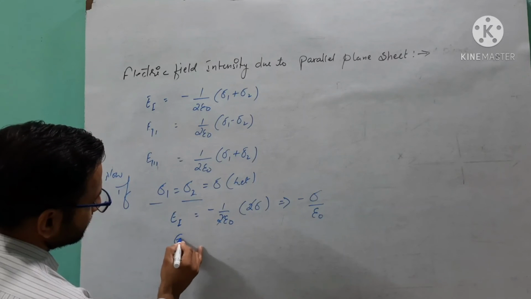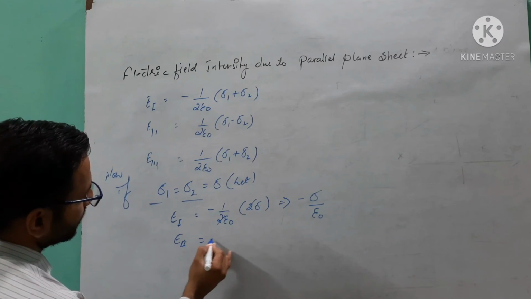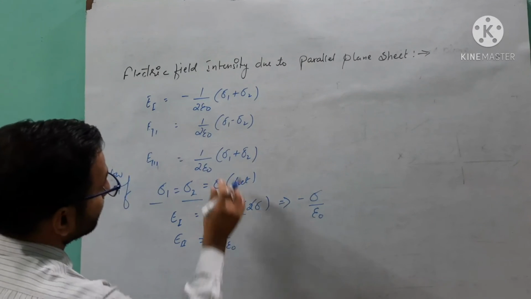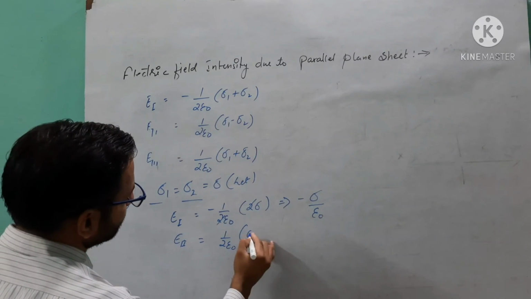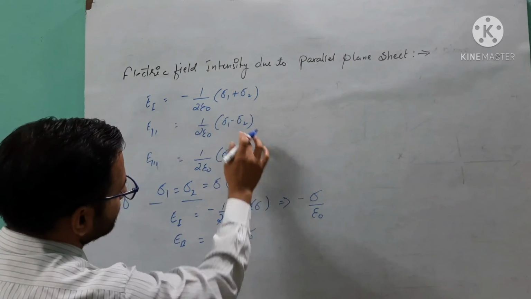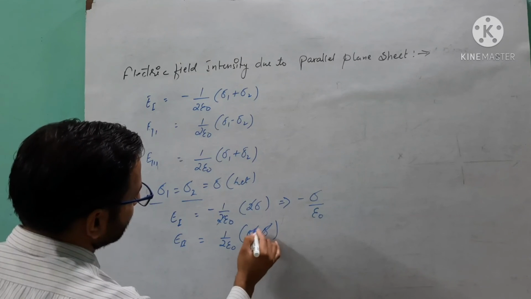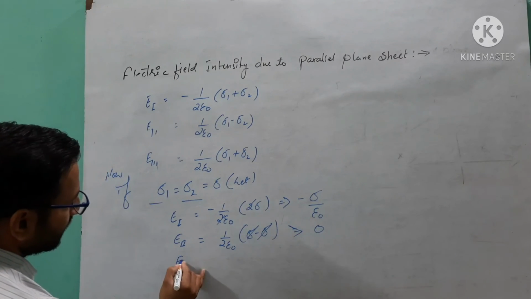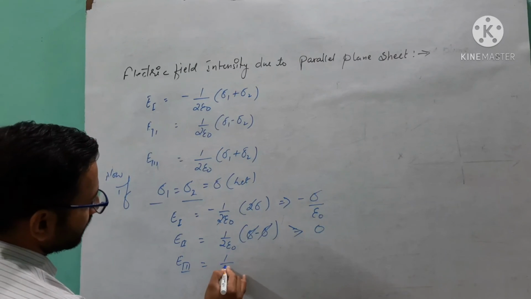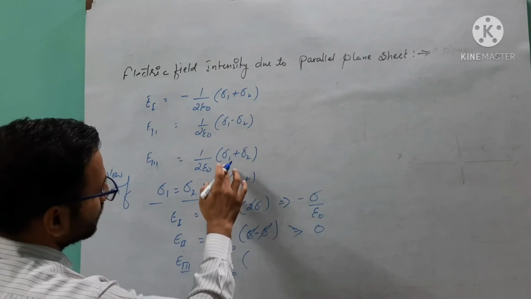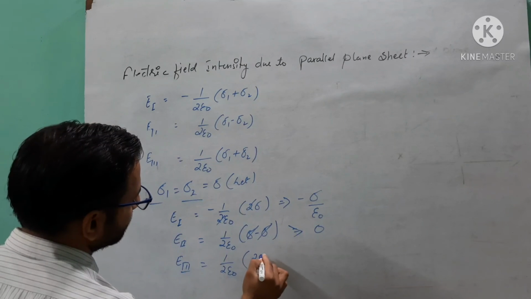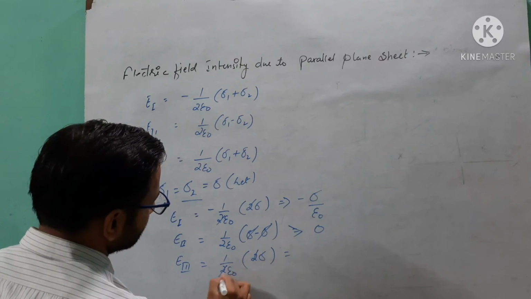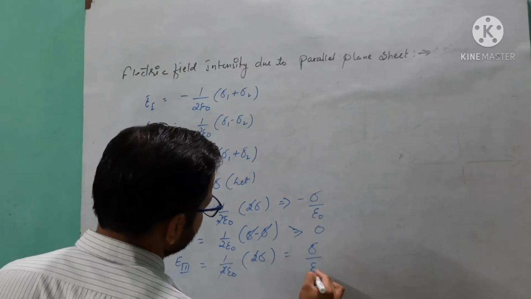After that, in the second region, it is the difference of these two, sigma 1 equal to sigma and sigma 2 equal to sigma, so by cancellation we get the result 0. And in the third region, it is 1 over 2 epsilon naught times sigma 1 plus sigma 2, both equal to sigma, which is twice sigma, the 2s cancel, so sigma over epsilon naught.